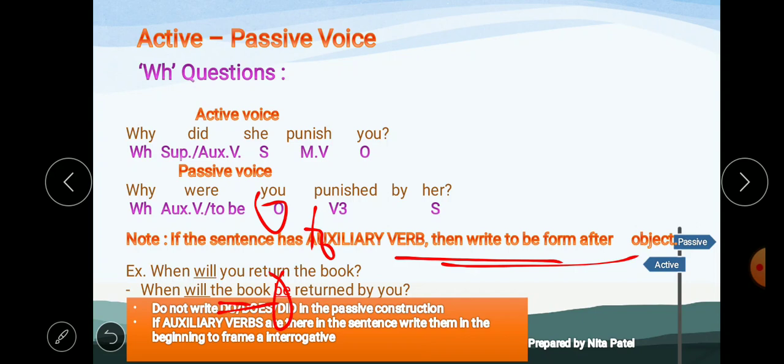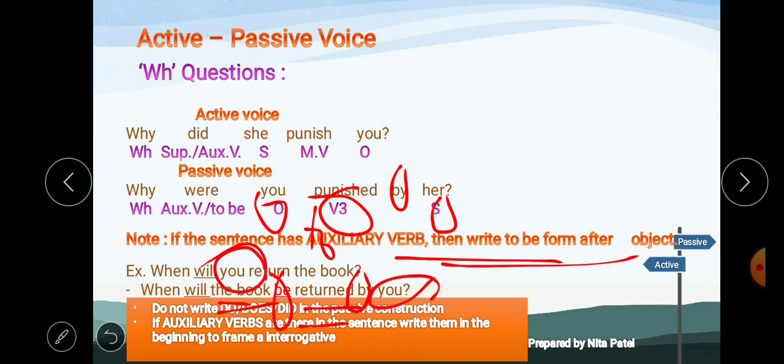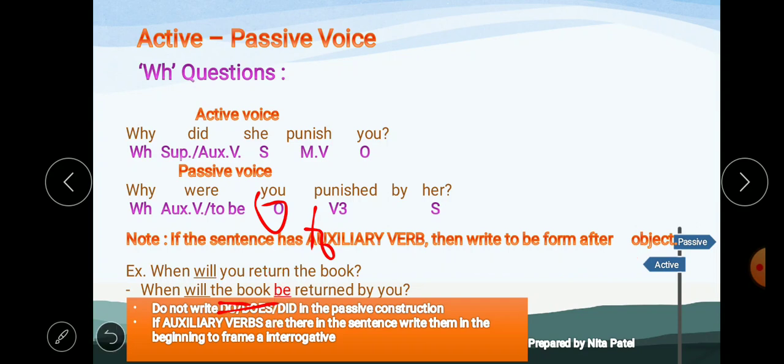So we will put the to be form be here. Then our main verb will convert into the third form V3. Then by here, and our subject. Who is our subject? You. So you and the question mark. So: when will the book be returned by you?